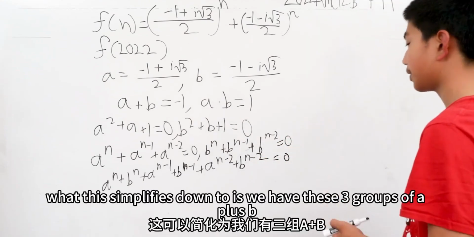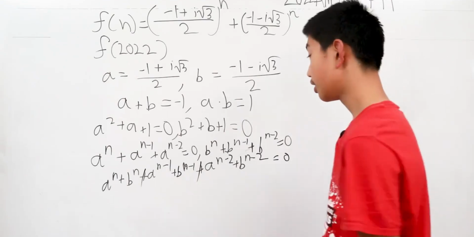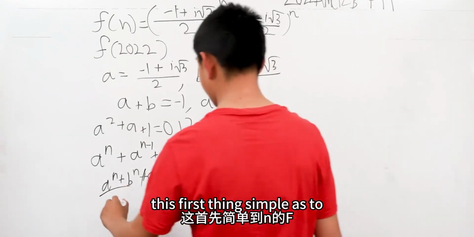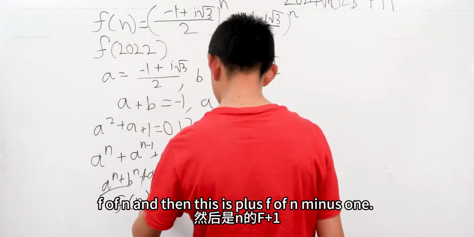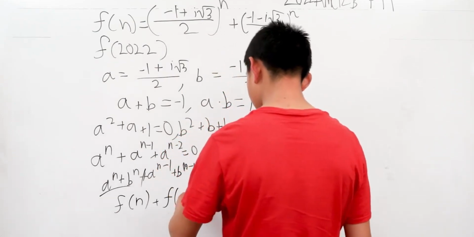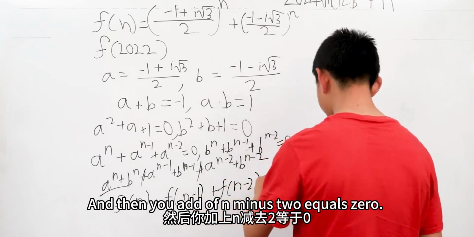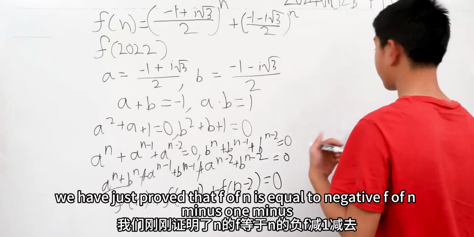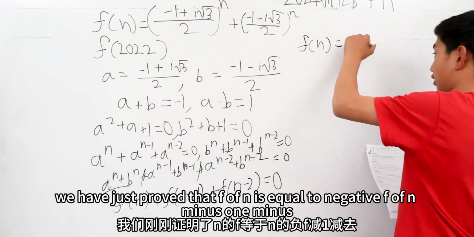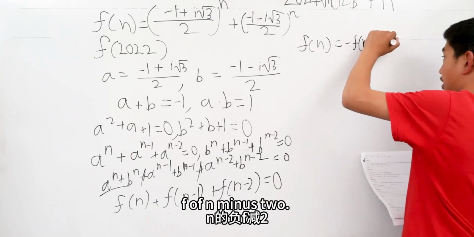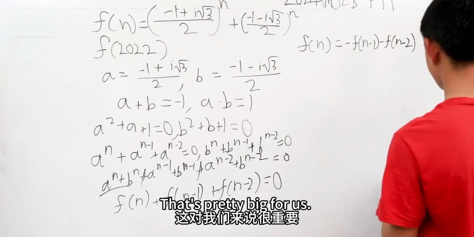Basically, this simplifies to f of n plus f of n minus 1 plus f of n minus 2 equals 0. Therefore, we have just proved that f of n is equal to negative f of n minus 1 minus f of n minus 2. That's pretty big for us.